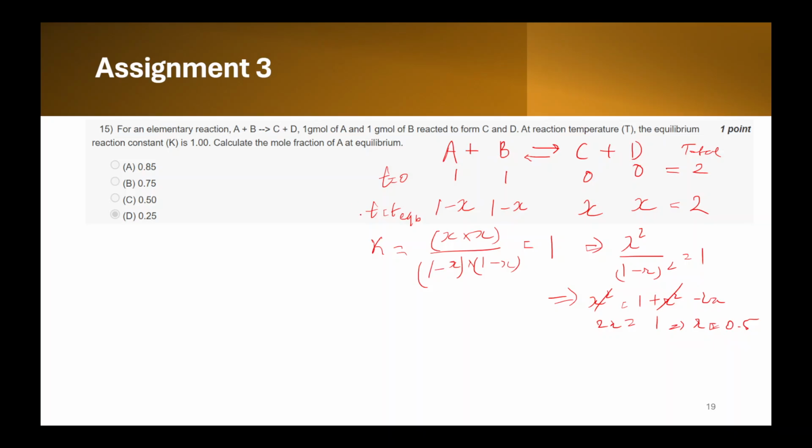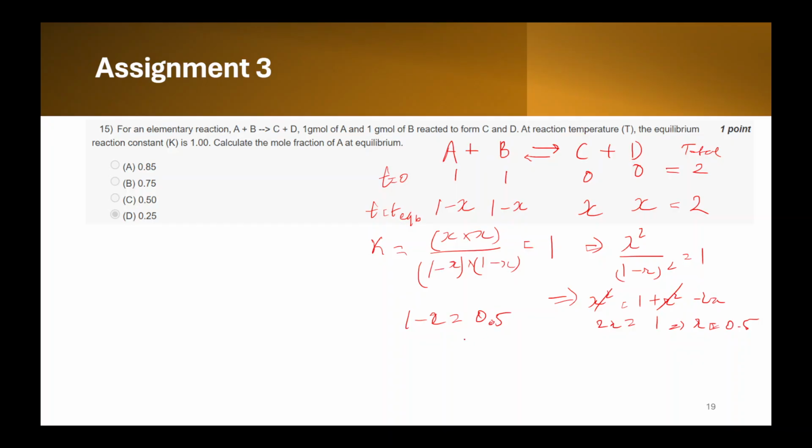So this is your moles of C formed. So the moles of A at equilibrium will be 1 minus x, again 0.5. This is your moles of A at equilibrium, not the mole fraction.